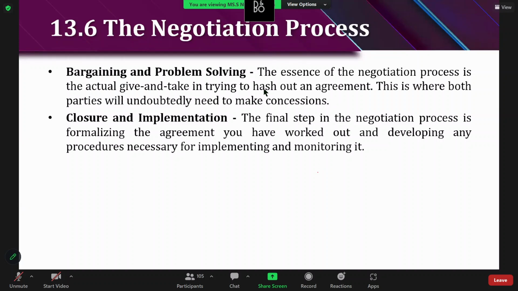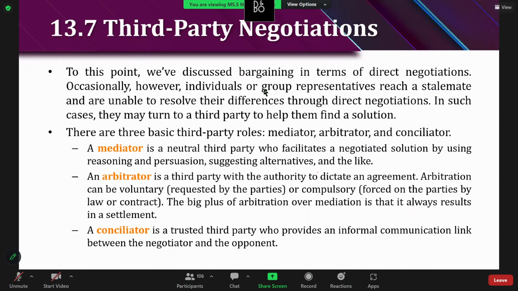So in closure and implementation, you will be formalizing those agreements. You will be creating the documentation for the settlement that you have agreed to, and you will start to implement and monitor that settlement. Okay, so these are the five different stages where the negotiation process will take place.